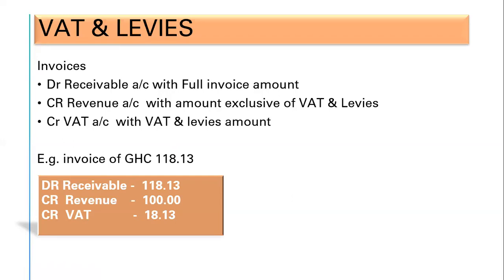Then the revenue account is going to be credited with the amount exclusive of the VAT and the levies, which will be 100. And then you have the VAT account credited with 18.13, which is the VAT and the levies amounts. So these will be the accounting entries for an invoice which has been issued to a customer.